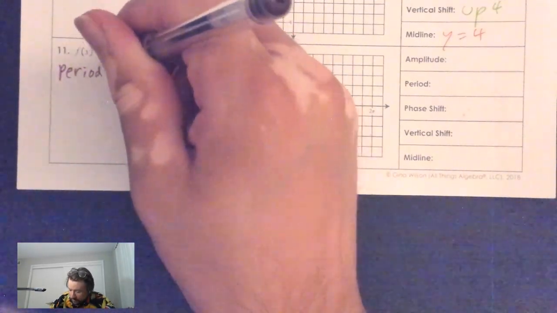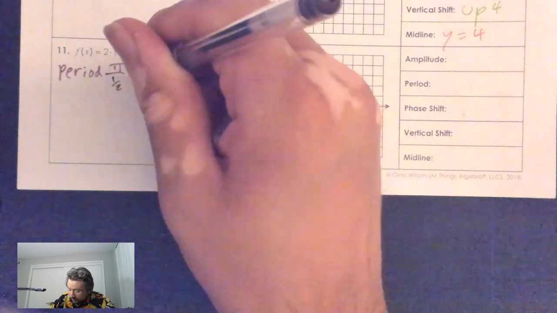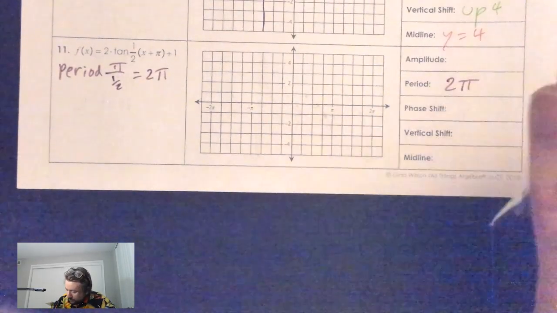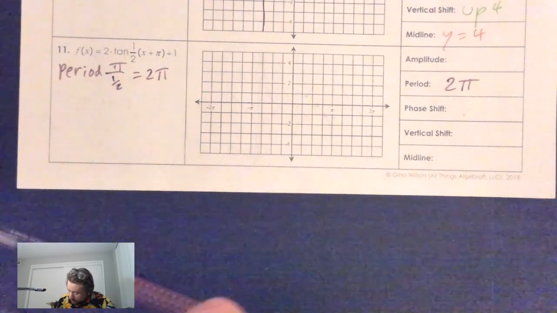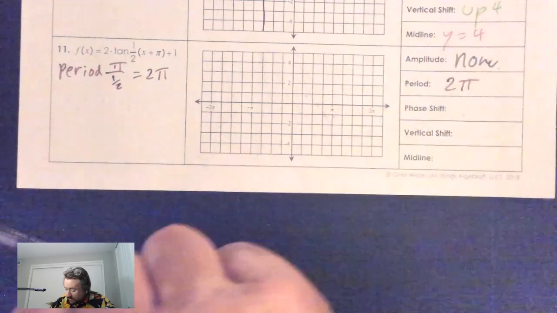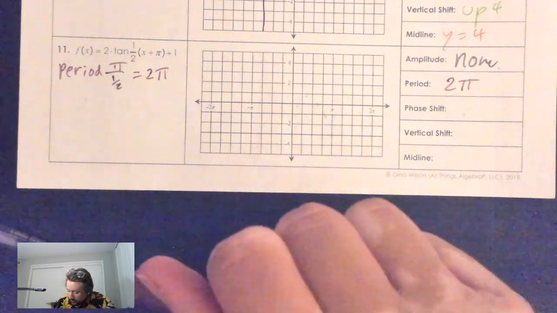Which is going to be pi over 1/2. Ooh, that's nice. That's 2 pi, a nice big period. And then no amplitude. I like the bigger period because it means I have to draw fewer asymptotes.